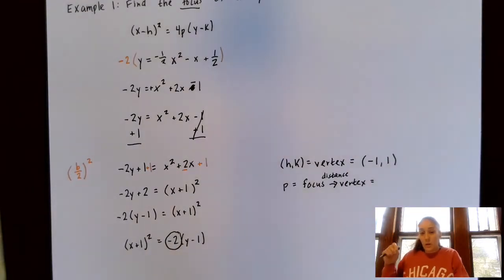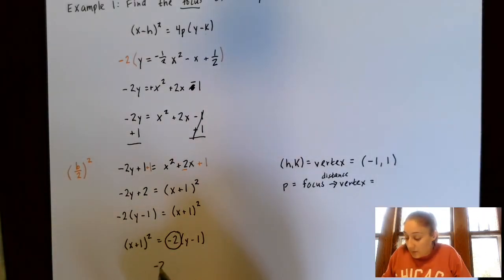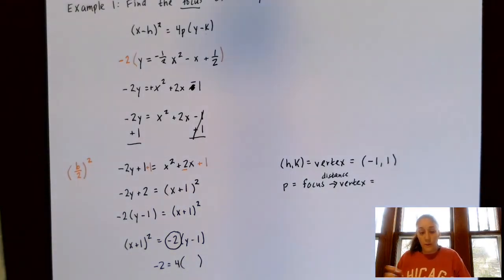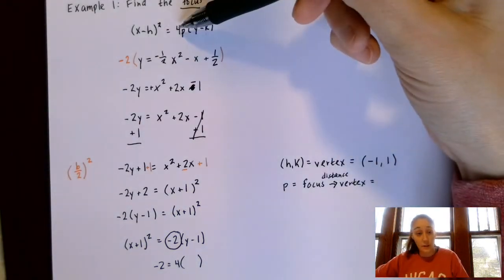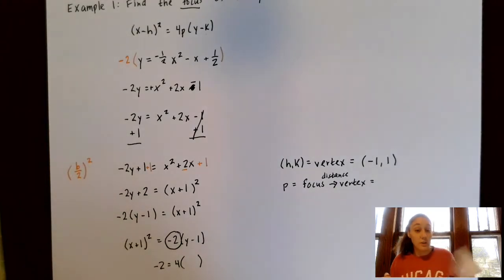Okay, now we have to be careful here because p is hidden inside of this value. So I need to be able to write negative 2 as 4 times something. Why 4? Because that's what we have here for the equation. If you're interested actually in seeing the proof for it, it is in your textbook. It says there, it's on page 707 in your textbook.